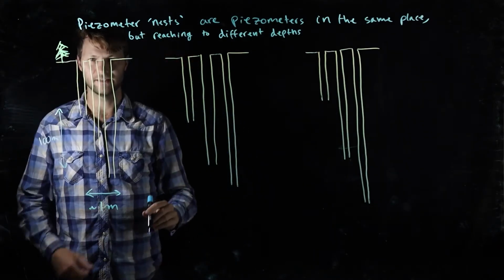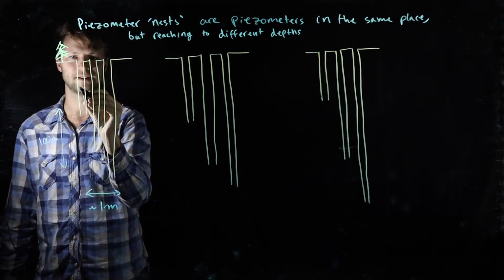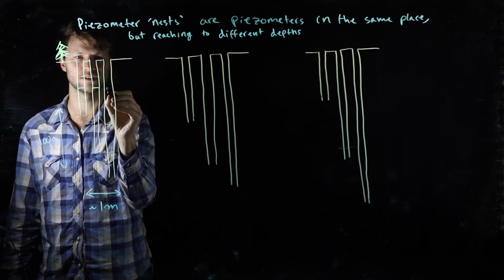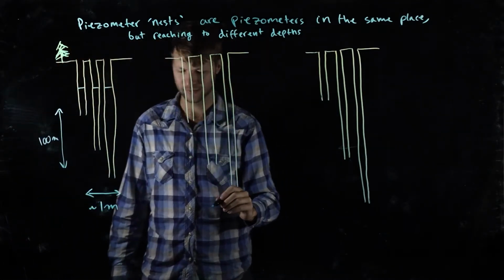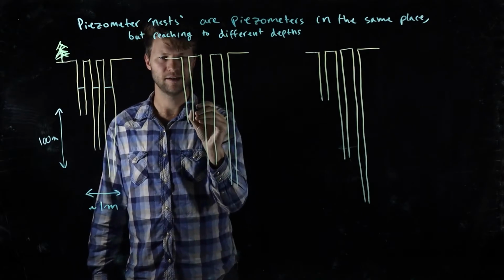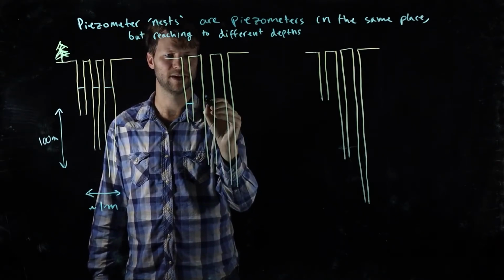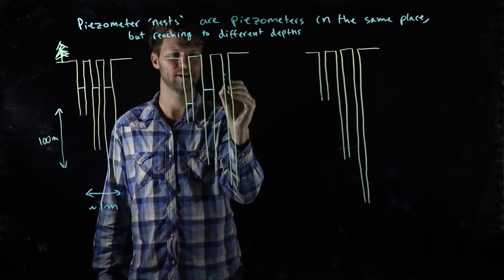So let's say that you went out to 3 different places and you observed the following. In case A, you saw that the water levels in each piezometer were basically the same height. In case B, you noticed that moving from left to right in this example, the water levels systematically got higher.